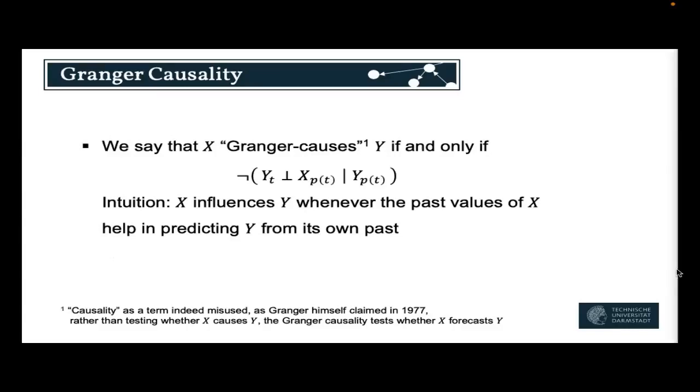We say that x is a Granger cause of y exactly when the past measurements of x help in predicting the current measurement of y, although we know everything about y's past, right? That's really the intuition. X influences y whenever the past values of x help in predicting y from its own past. So if we test this condition and it's fulfilled, we say it's Granger causality, right?